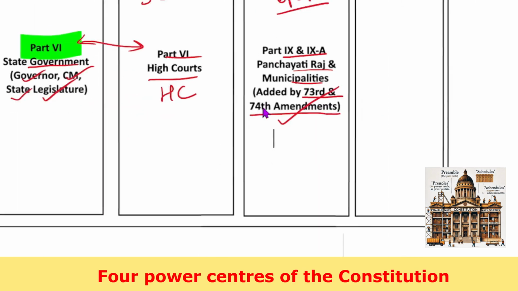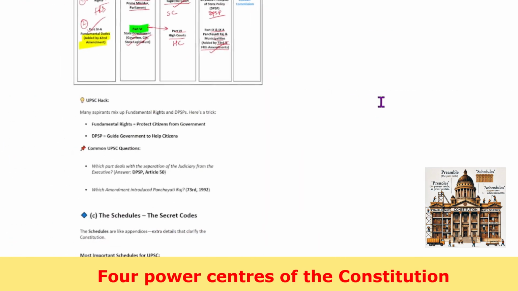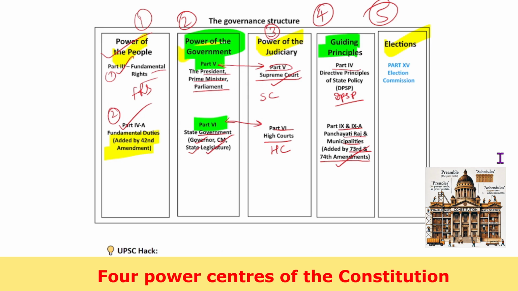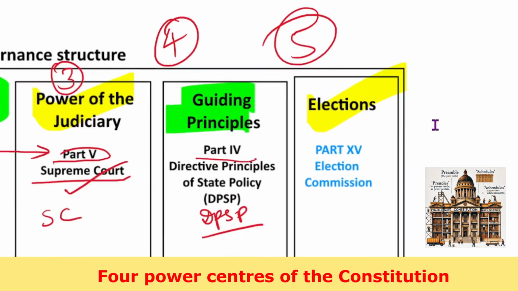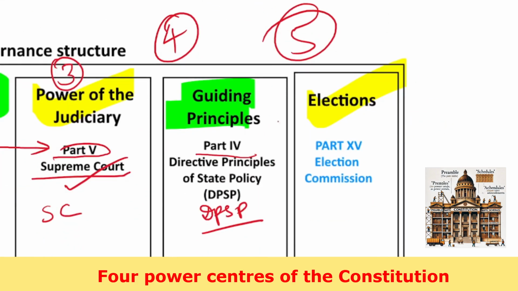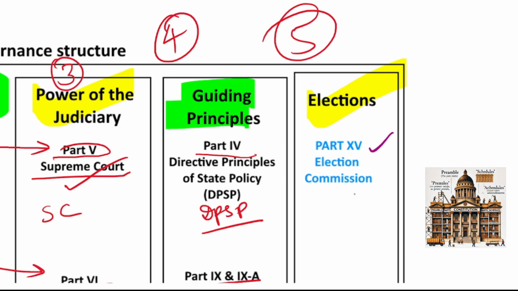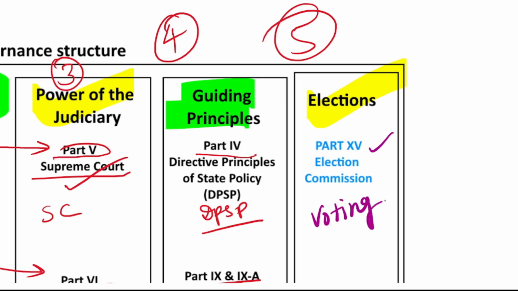So remember, these are the power centers of the Constitution. And as I said, 4 pillars here do not mean constitutional parts; these 4 pillars include the parts which I just described. And the most important pillar now we have is elections, which is Part 15, and it deals with the Election Commission and people's voting pattern and how the electoral system is going to function.